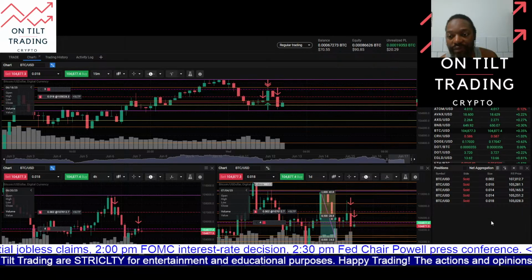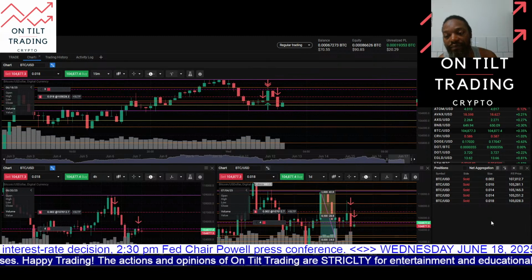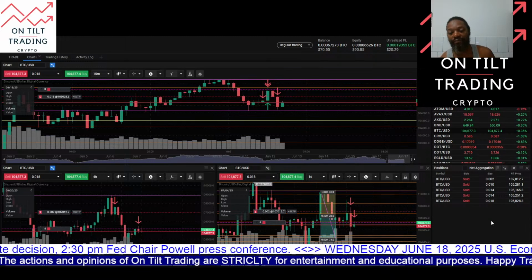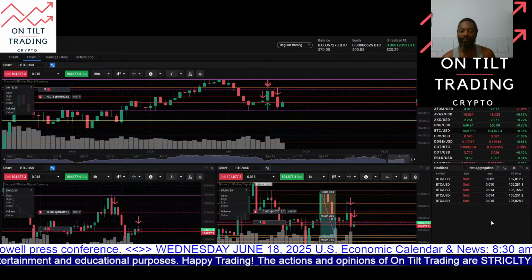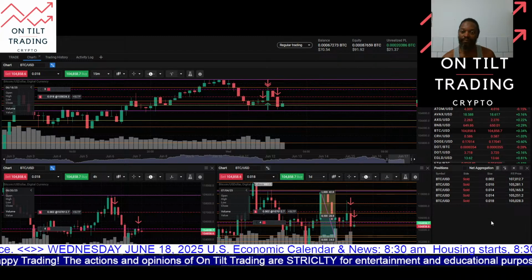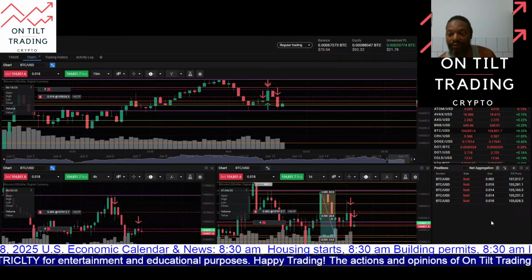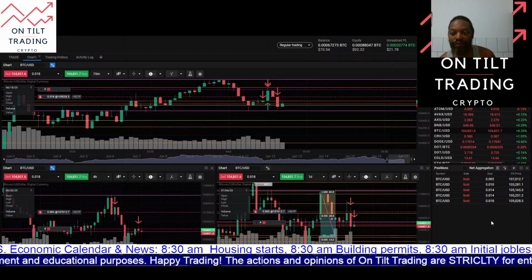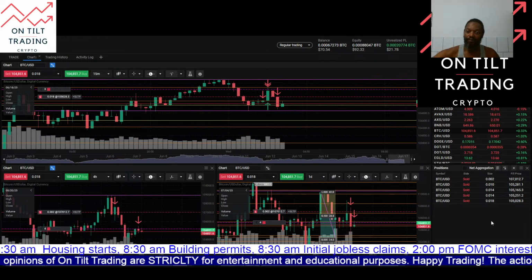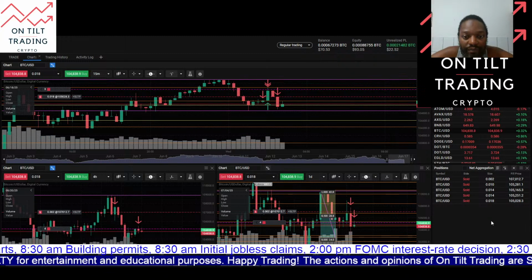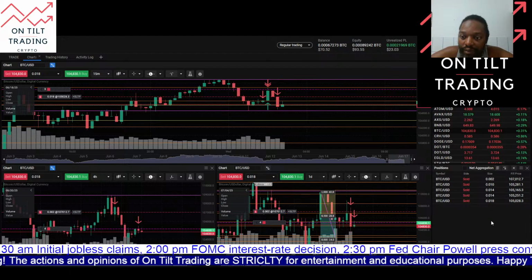Price being delivered to the buy side. Price back testing the 104,850 low at 104,851.6. Sell side delivery.